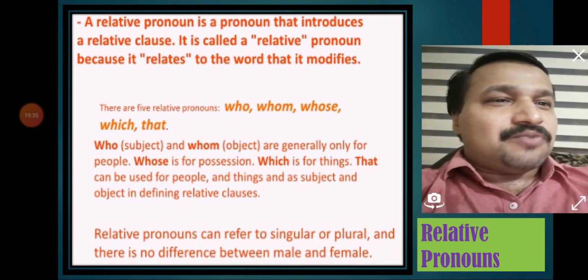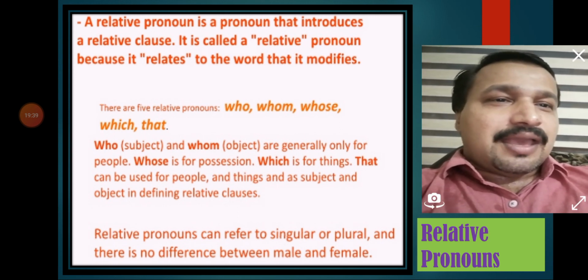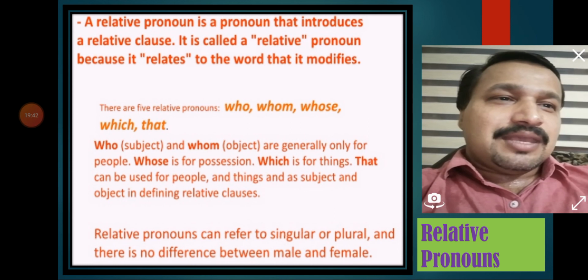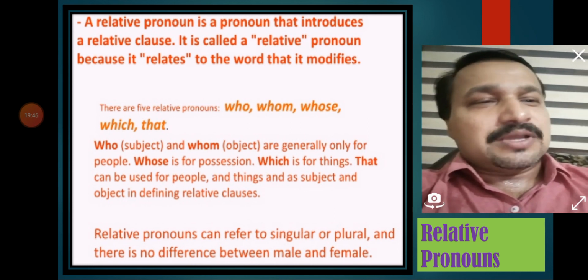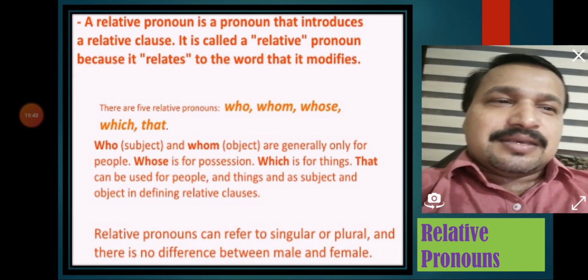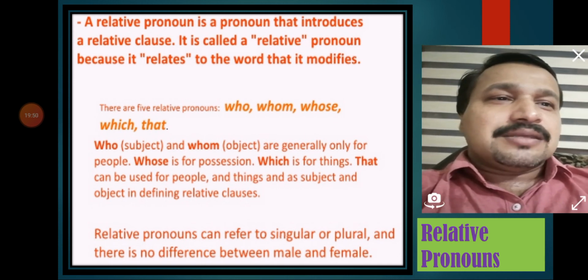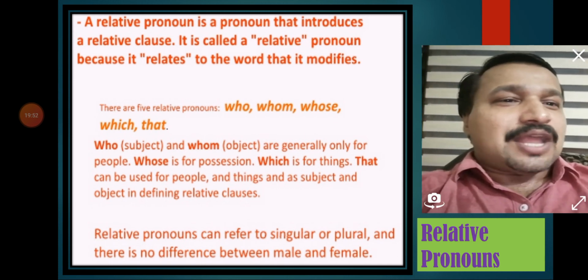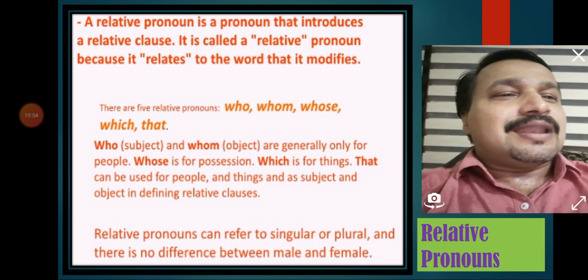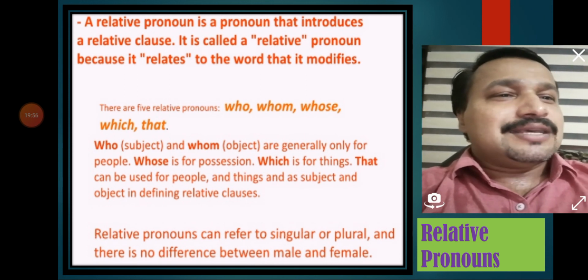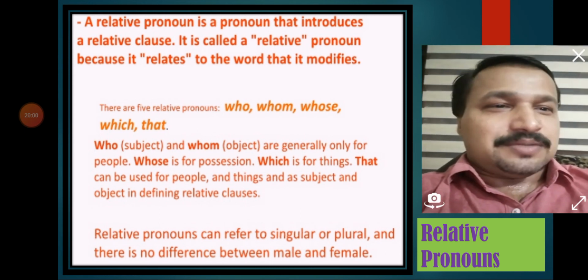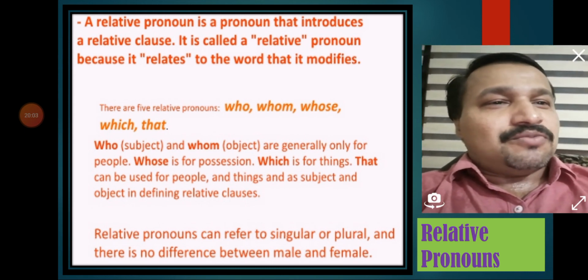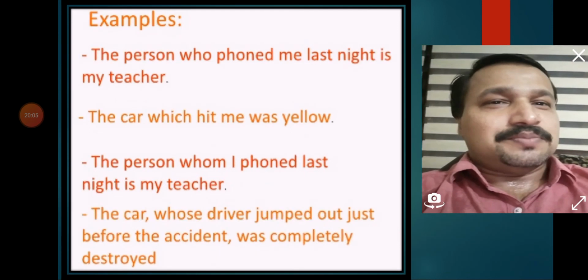So it functions as a conjunction and at the same time it functions as a pronoun. So it has two functions, to function as a pronoun and a conjunction. That's why they are called relative pronouns, since they relate the sentences, the ideas, or the clauses together. At the same time, they function as a pronoun too.